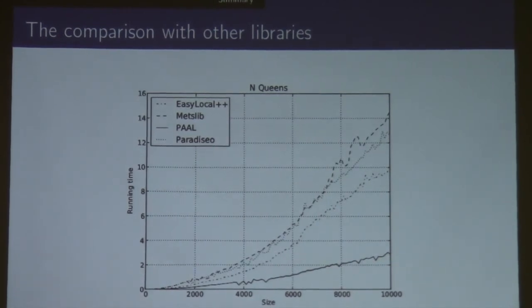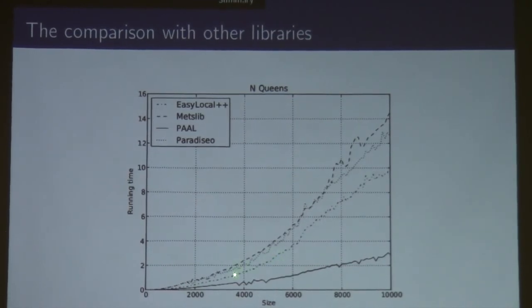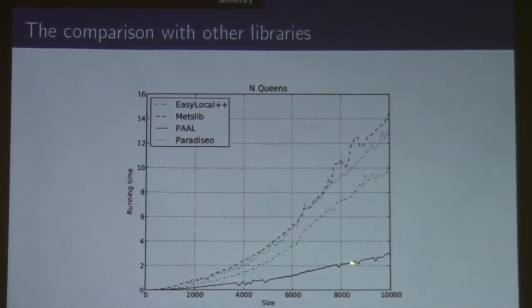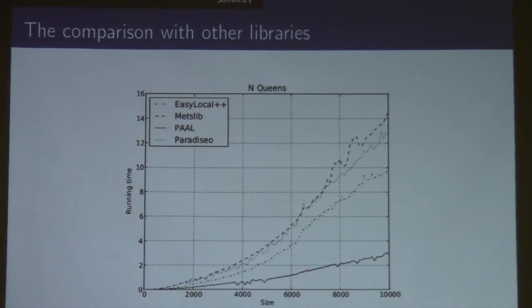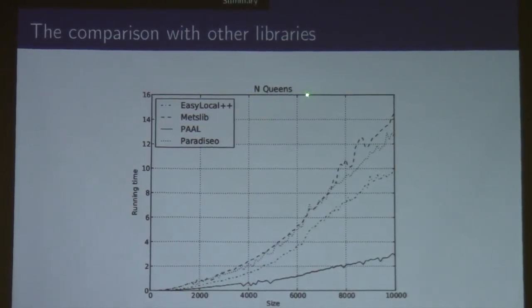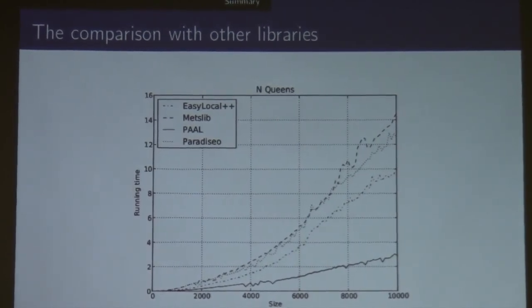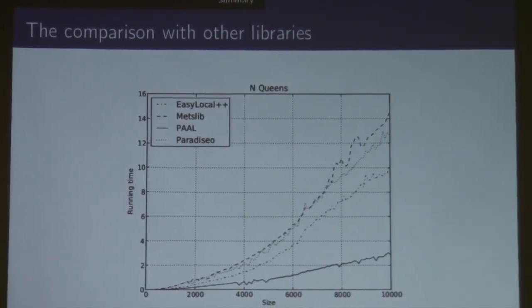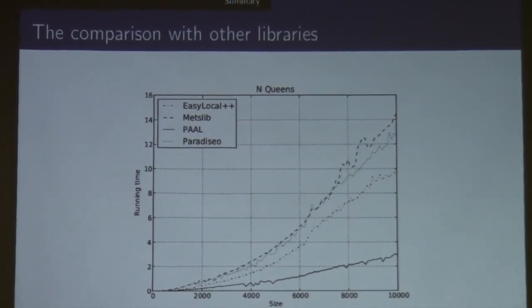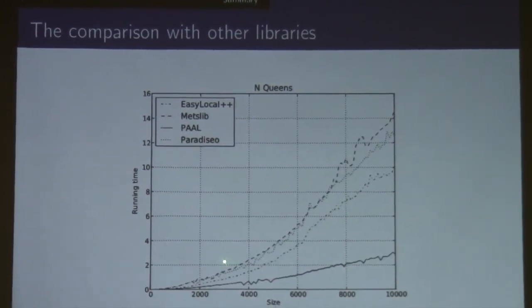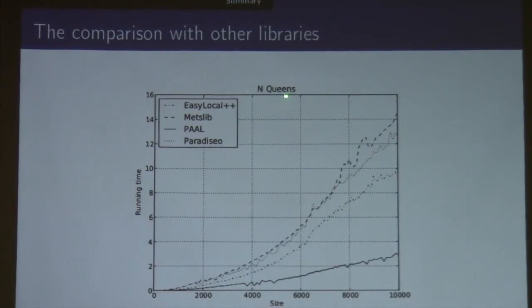In this test we were working on the n queens problem: we want to put n queens on the chessboard so they are not attacking each other. It's a well-known toy problem, and it's very easy to compute the gain, commit, and this kind of stuff.